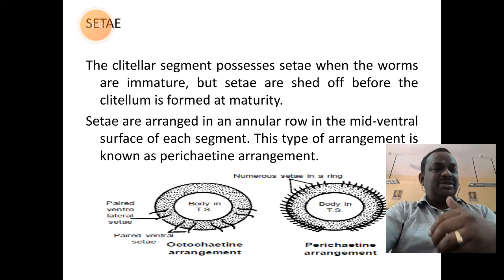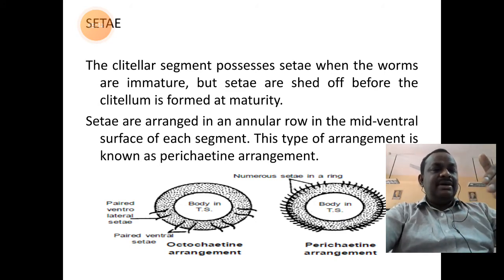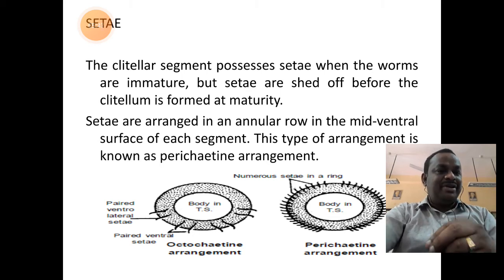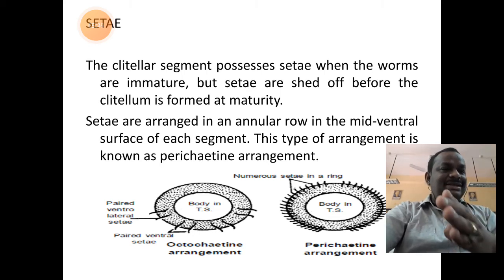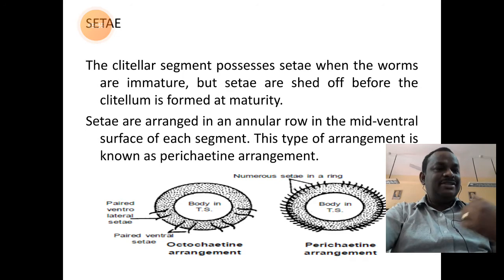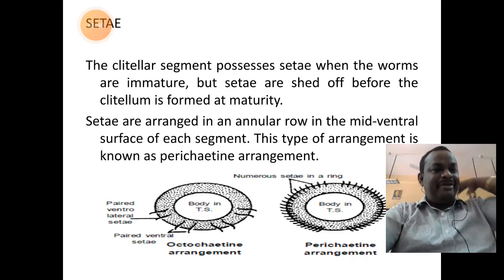Then, setae which are 80 to 120 in number in every segment are now concentrated in an arrangement. The arrangement is what you find in the diagram here. Much towards the right side in the diagram, the arrangement is more concentrated towards the mid-ventral region. So, the lower surface has more setae than the upper one.